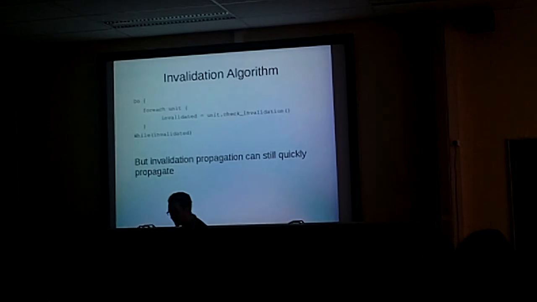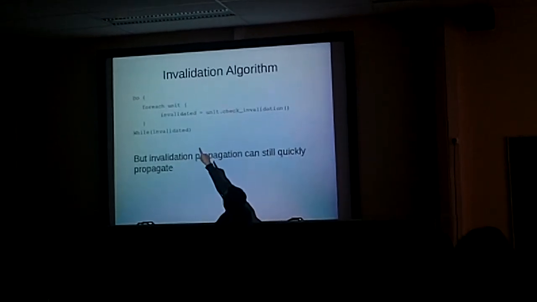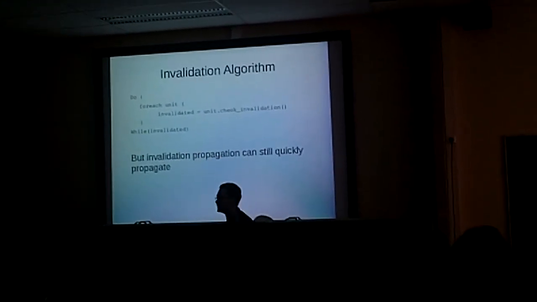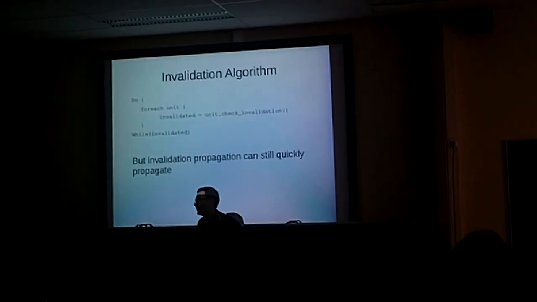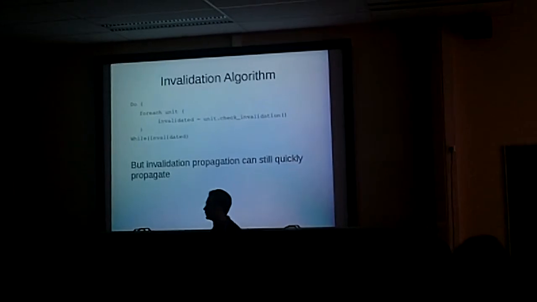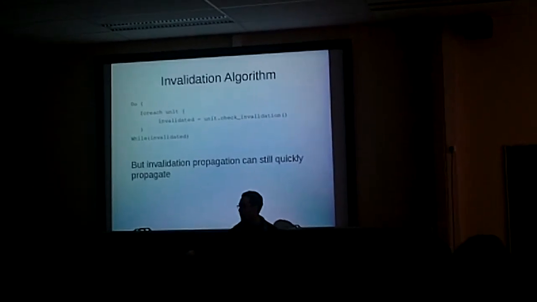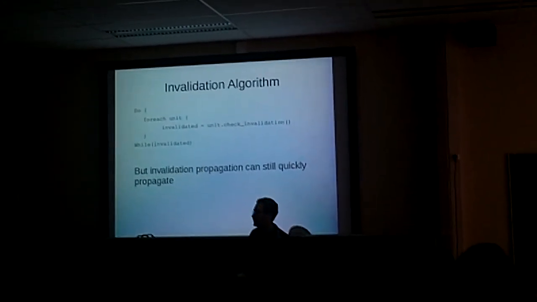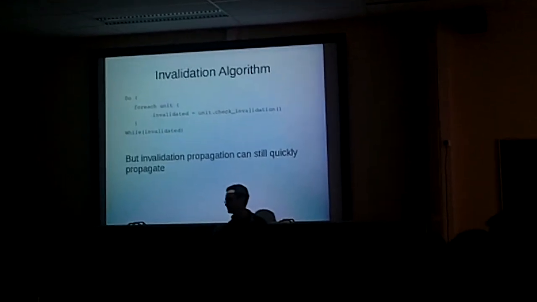So the basic algorithm is we take all units, and for each unit we ask, do you need to be invalidated? And if they do, the unit will say yes, and will mark all the hexes that it wants to invalidate in the engine.